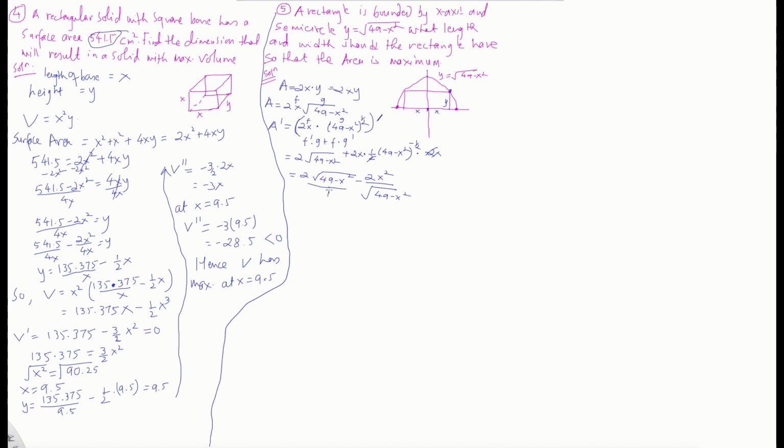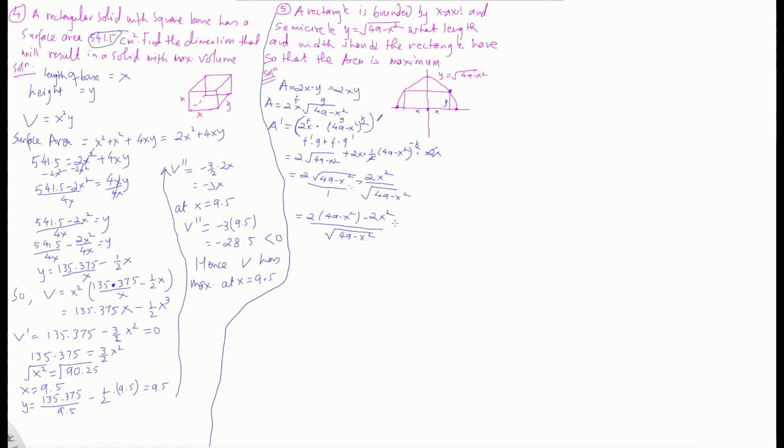So what is left? Before I set that equal to 0, I want to simplify this on both sides. If I simplify, I will get 2 times, you can do cross multiplication, right? So root 49 minus x squared times root 49 minus x squared will be just 49 minus x squared, and then minus 1 times 2x squared, which is 2x squared, divided by root 49 minus x squared.